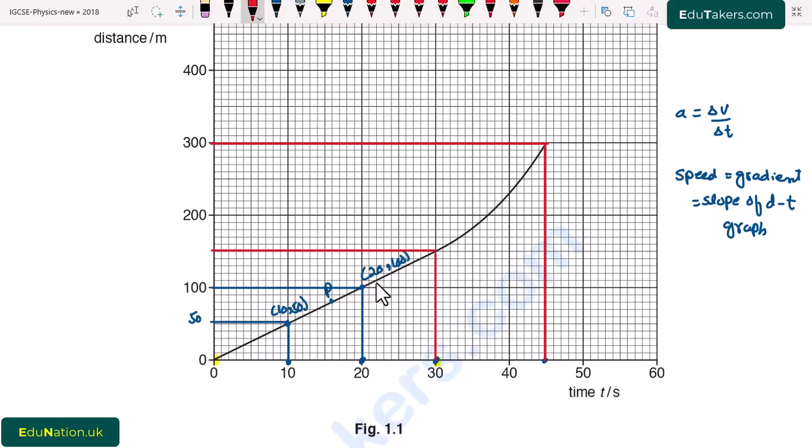So here we can see that at time t equal to 45 seconds, distance is 300 meters, and at time t equal to 30 seconds, distance is 150 meters. So taking these 2 points, I can find out the average speed.